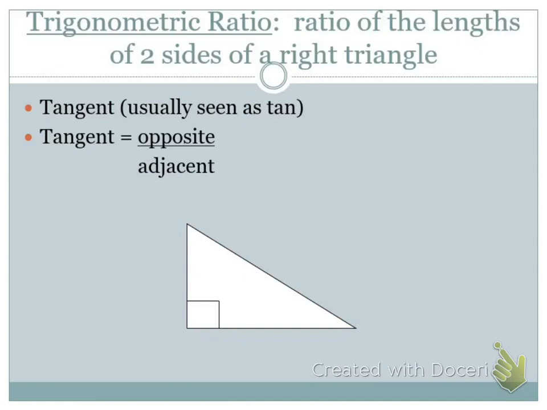Today we are going to focus on tangent, which we usually just call tan. We write it as T-A-N, all lowercase. The tangent ratio, which you can put in that box, is equal to opposite over adjacent.